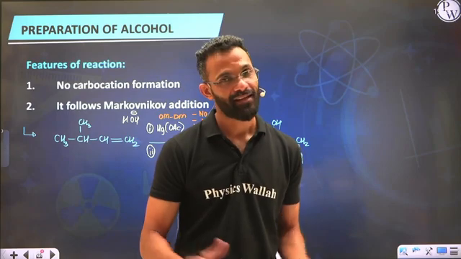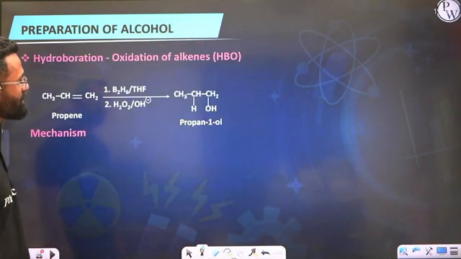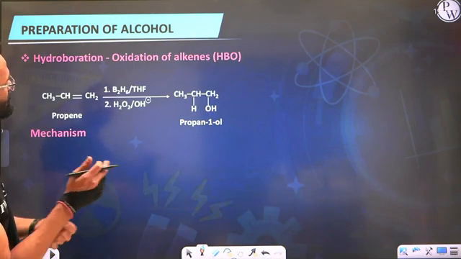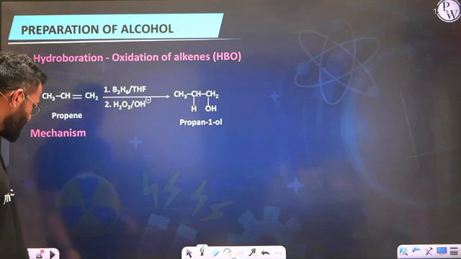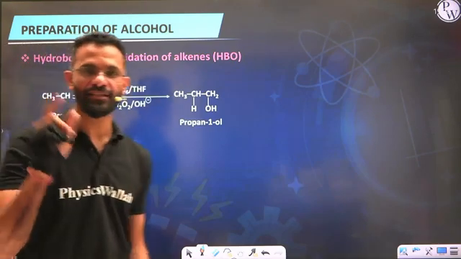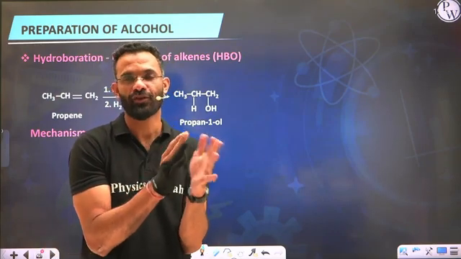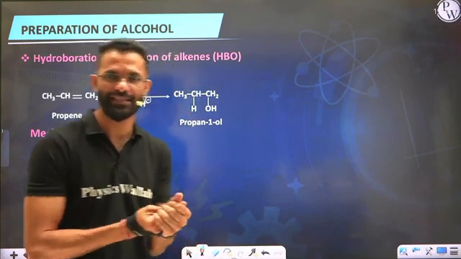Alright guys, and now finally moving forward with the last reaction for today's class, which is hydroboration-oxidation of alkenes. Well, firstly, for ACH, what was the reagent that we used? H2O/H plus, that is dilute aqueous sulfuric or phosphoric acid. But you will generally find H2O plus written, which means they're talking about ACH.